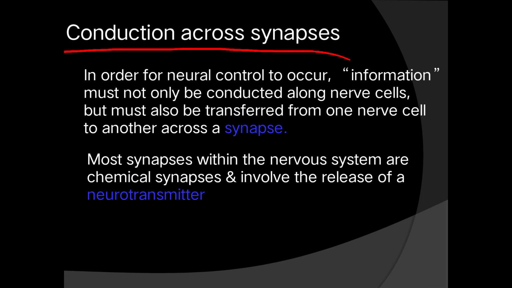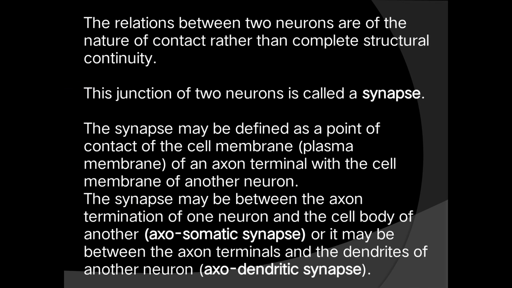Now, conduction across the synapse. In order for neural control to occur, information must not only be conducted along the nerve cells but must also be transferred from one nerve cell to another across the synapse. Most synapses within the nervous system are chemical synapses involving the release of a neurotransmitter.